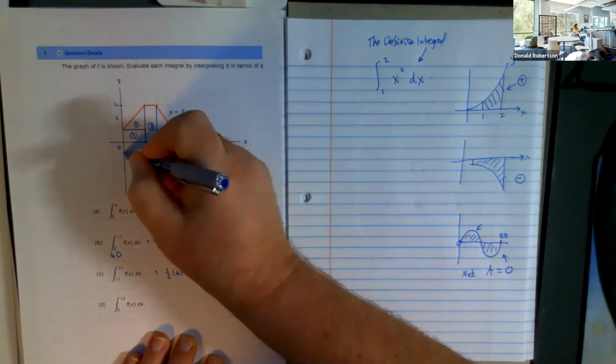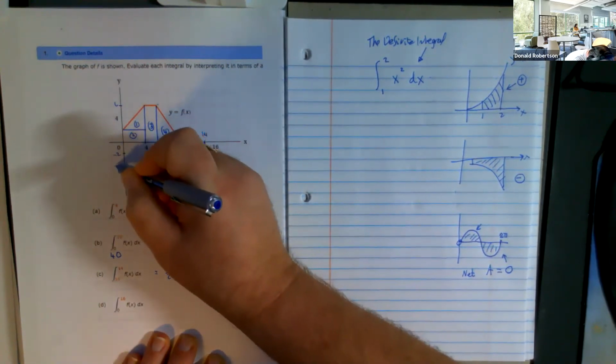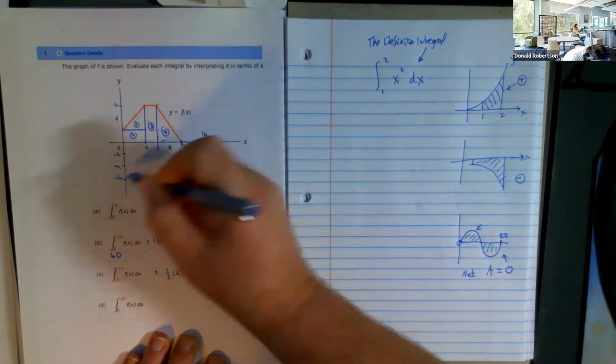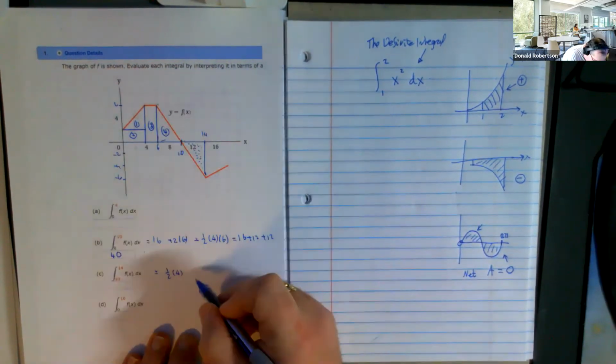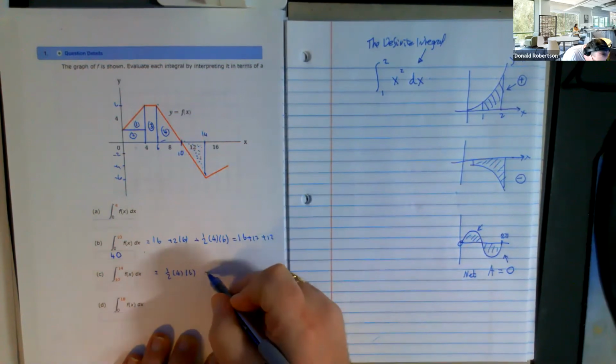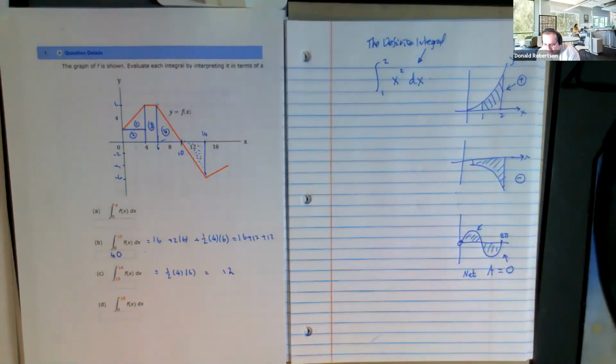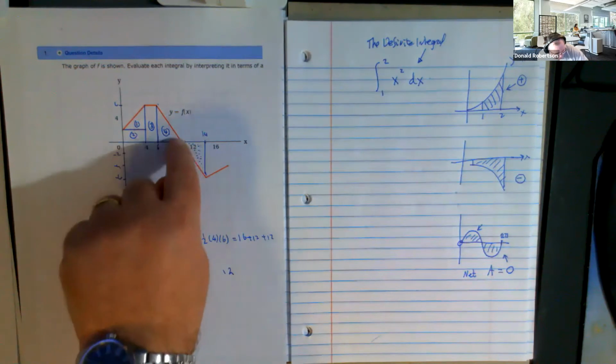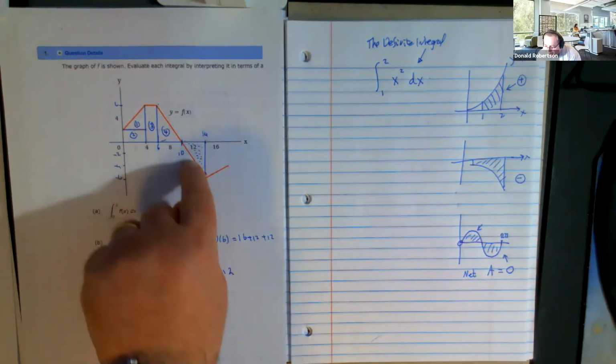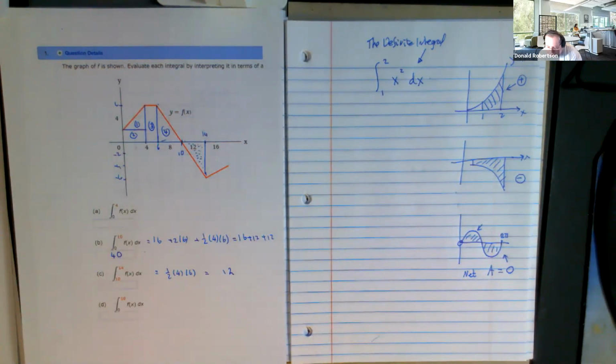Using the fact that the scale here is 2, 4, and 6, that makes it 6. But the answer is not 12. Not quite 12. What would this dotted integral area be? -12? Exactly.